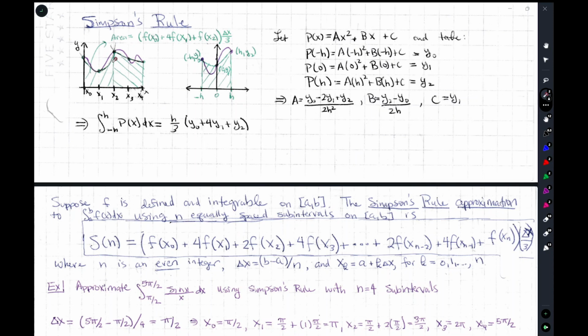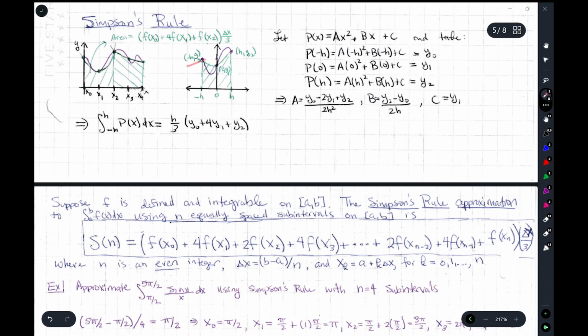Okay, and how do you do that? If you take a look at these two subintervals, we're going to use a quadratic to approximate that function over two subintervals. All right.